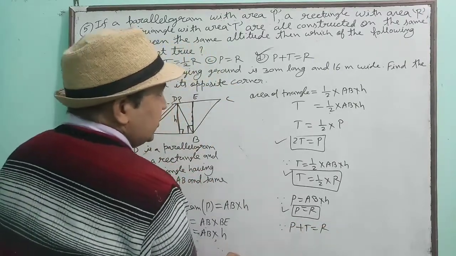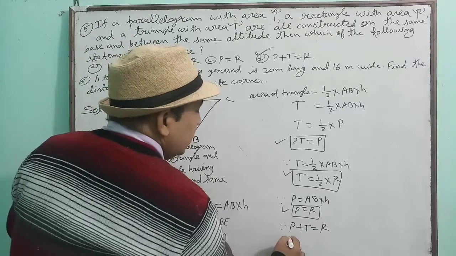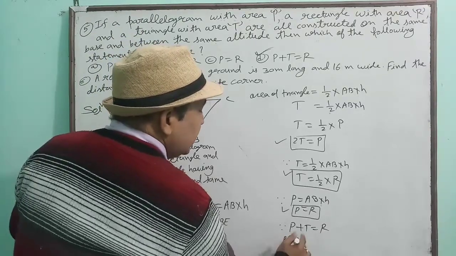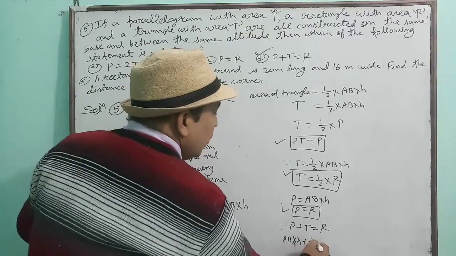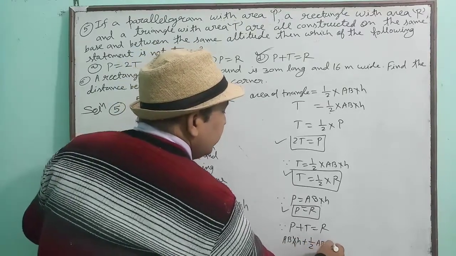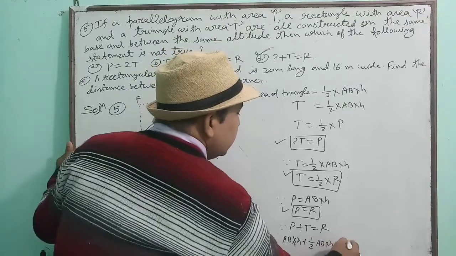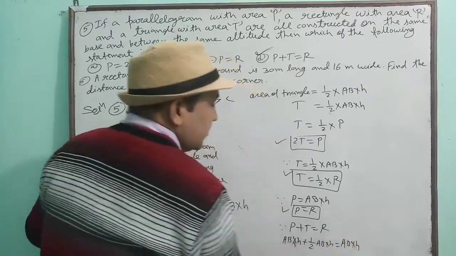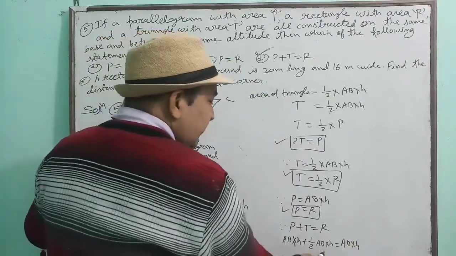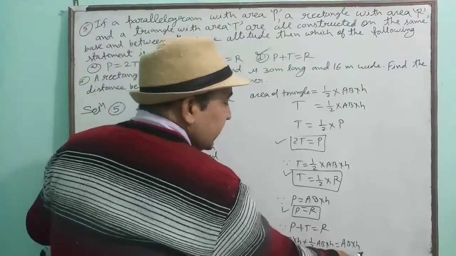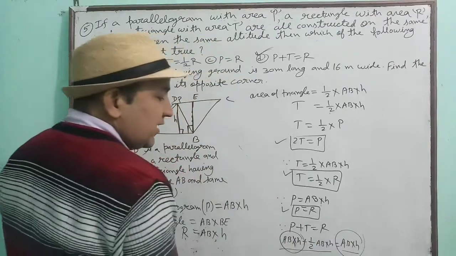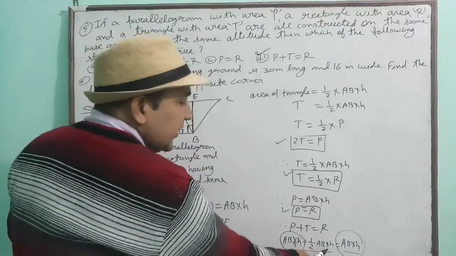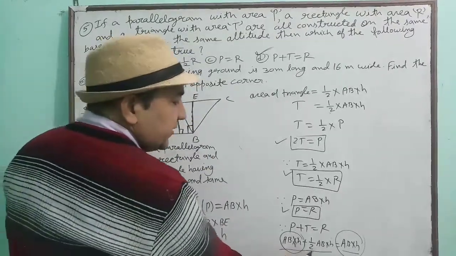You have to check this one. P is AB into H, plus T is 1 by 2 into AB into H. R is AB into H. So you can see that the left side is greater than the right, because AB and H are both the same, and 1 by 2 AB into H is added to the left hand side.